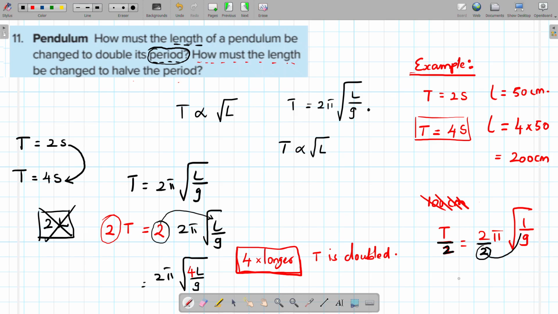When you take the half inside, it becomes L by 4G, which means if you want to halve the time period, you have to reduce the length to one fourth. The length is reduced by 4 times. Okay, clear? Thank you.